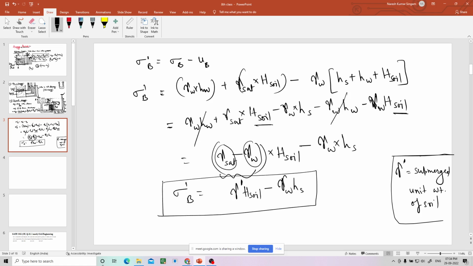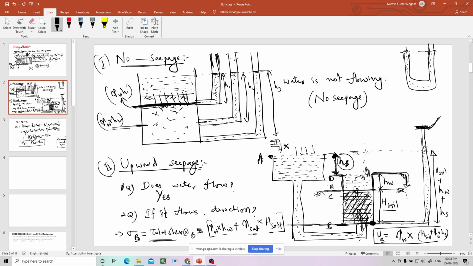Right? Now a question for you. Suppose this container height is not up to A, let us say it is only up to D, up to here only. Now water is there.